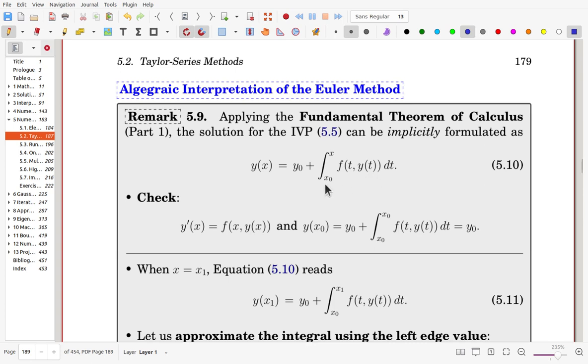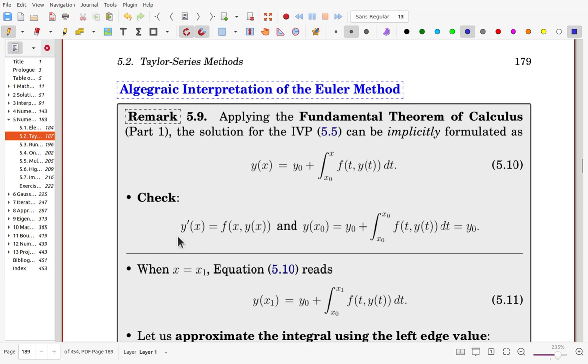We can easily check that that is the solution even though it is implicitly formulated. First we differentiate it, then y0 will disappear, and from the fundamental theorem of calculus we can see that there is f of x and y of x.